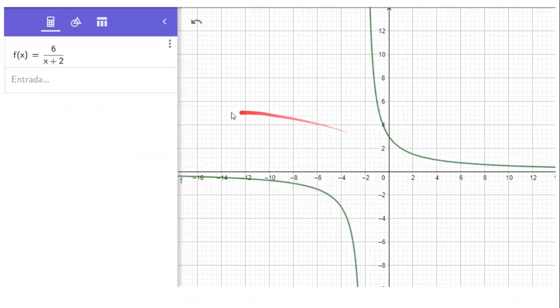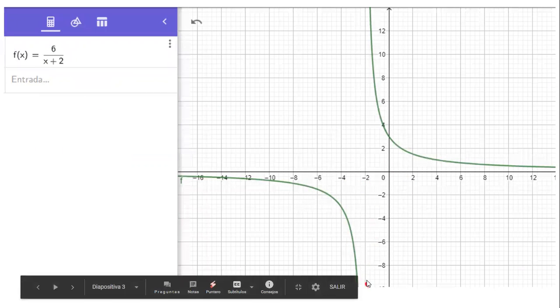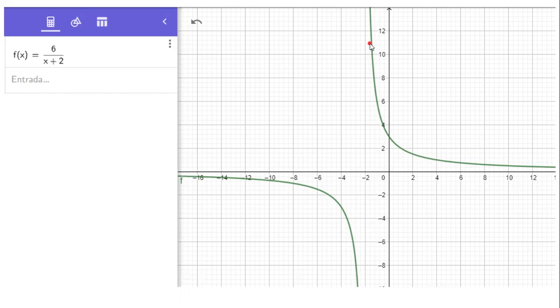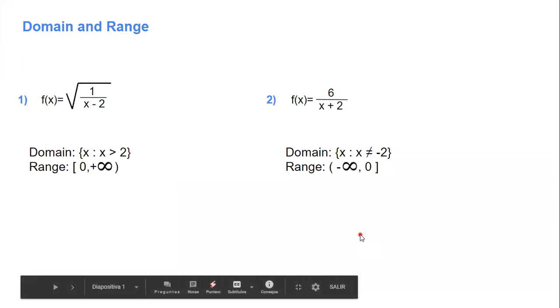And you will see, here is the function. Look, it's not touching the negative 2, and as well as in this one. It's close, and as you go up and up and up, it will get closer and closer, but it will never touch this line or this line.